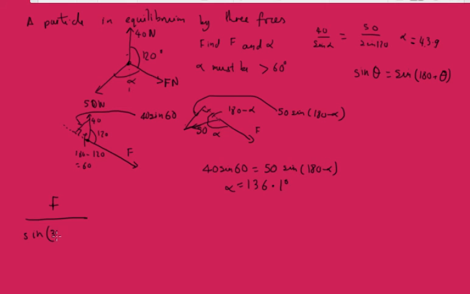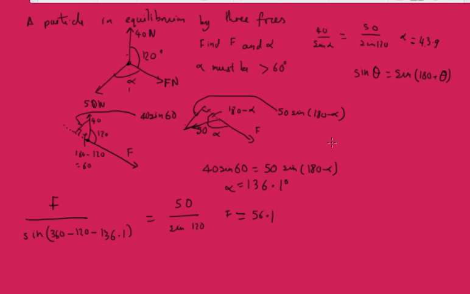It's going to be 360 minus 120 minus alpha, which is 136.1, must be equal to 250 over sine 120. Now if you work all that out, you will find that F is equal to 56.1.